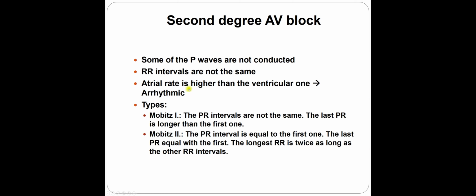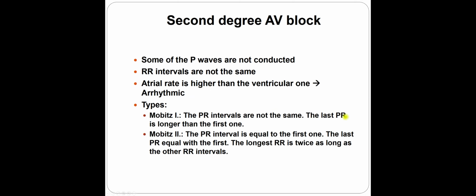Now, what kind of types do we have? We have Mobitz type 1 and Mobitz type 2, okay? By definition, if you remember, in Mobitz type 1 the conduction speed is slowing down gradually. So the PR interval is getting longer, longer, longer, and after that we have a dropped P wave.